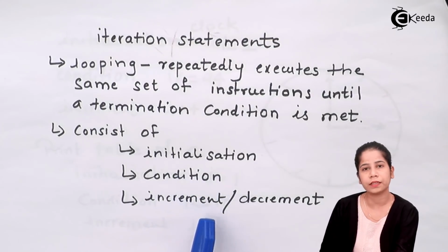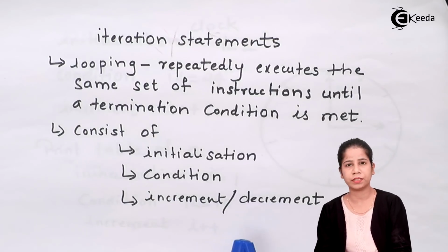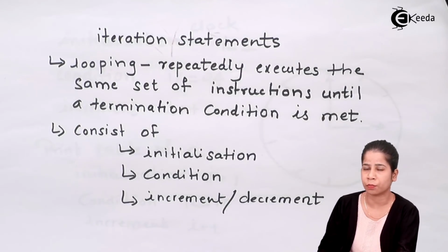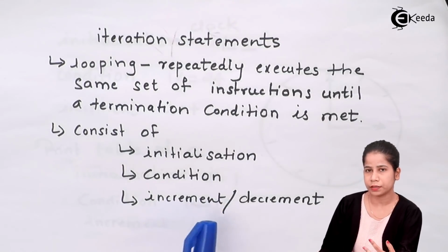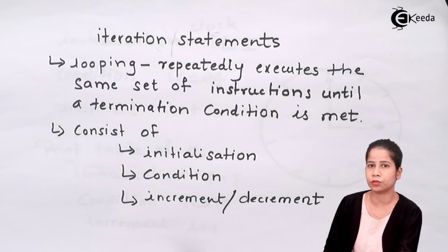Then we have increment and decrement. You might have seen increment and decrement statements in operators. We have seen the increment and decrement operators, and the same we are going to use over here. What are these operators going to do?